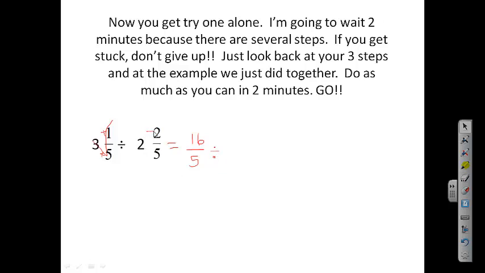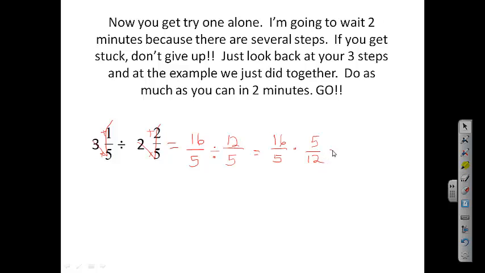So put your Texas there, TX, and then 2 times 5 is 10, plus 2 is 12, and our denominator stays the same. Next step. Keep it, 16/5, change it to a times sign, change it to its reciprocal.